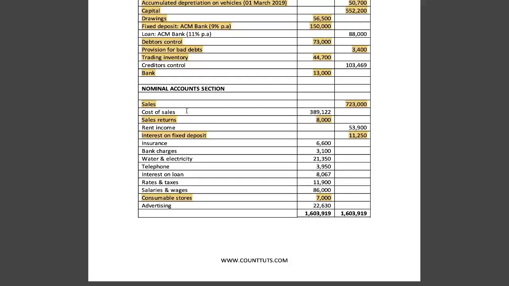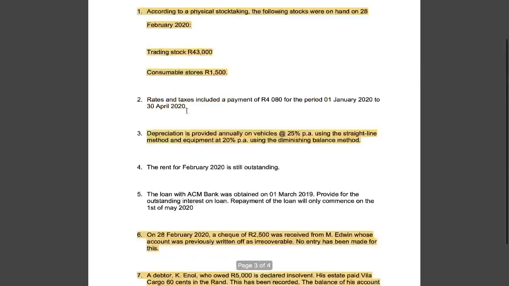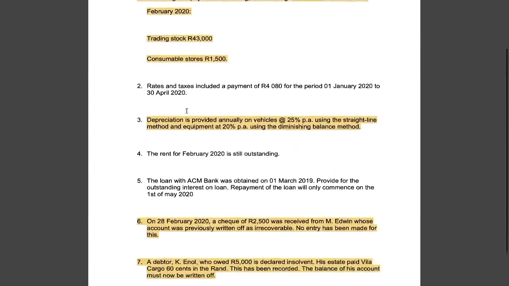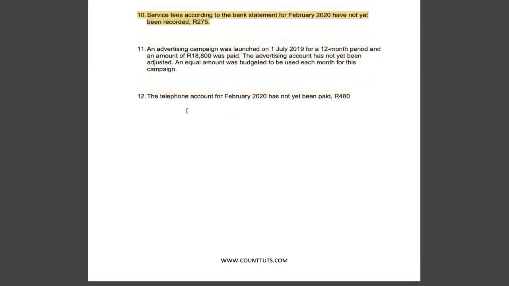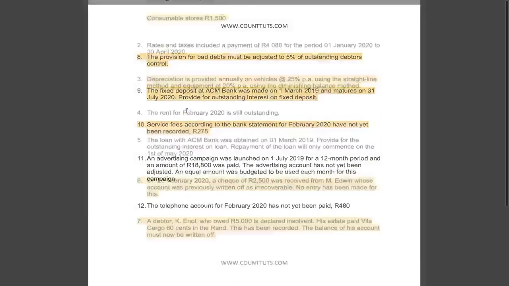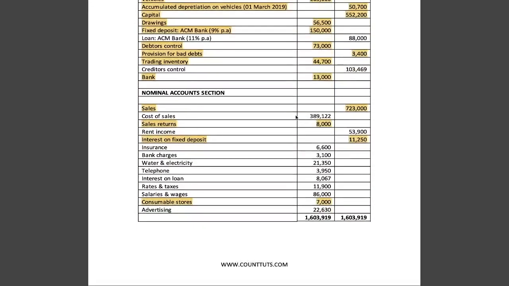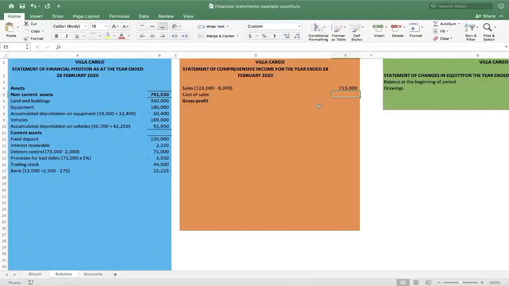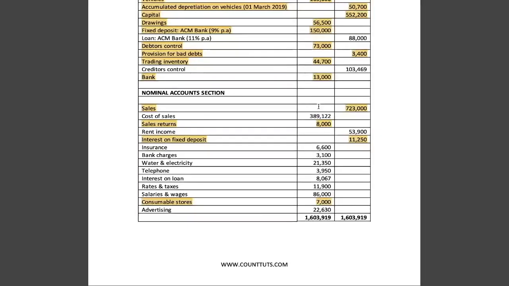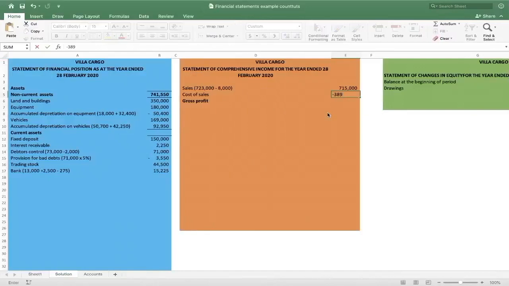But here we're just given the cost of sales, and we're not told anything concerning cost of sales in the additional information. And like I said, obviously I've gone through this question, so I know that we are not told anything concerning that. So we're just going to take the 389,122 rand, and we have our cost of sales. Under our cost of sales, I'm going to put it as a negative because cost of sales is an expense, 389,122 rand.